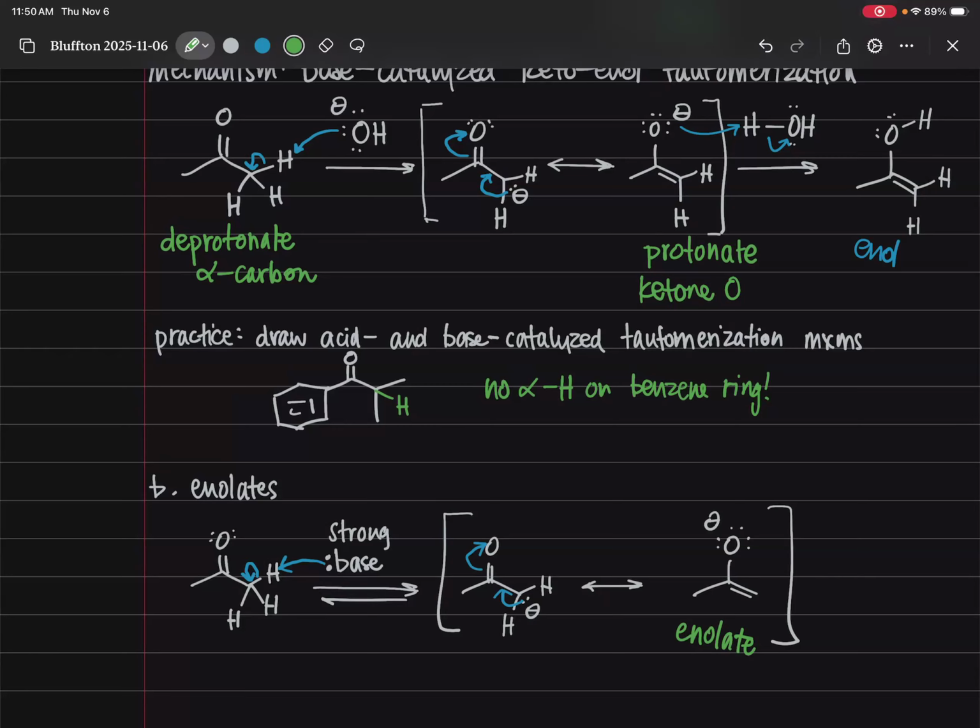But if we're using a really, really strong base, we're not going to have any water in solution. Kind of a caveat here that there shouldn't be any water around. Then once you treat your ketone with the strong base, it's just going to stop right here.